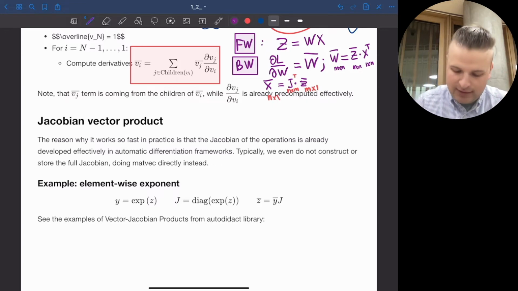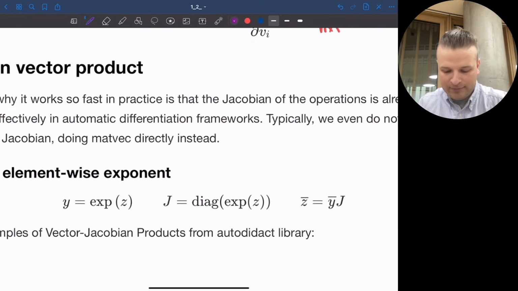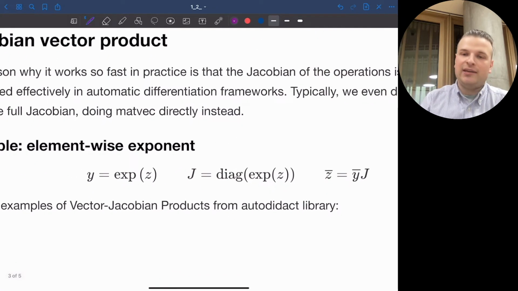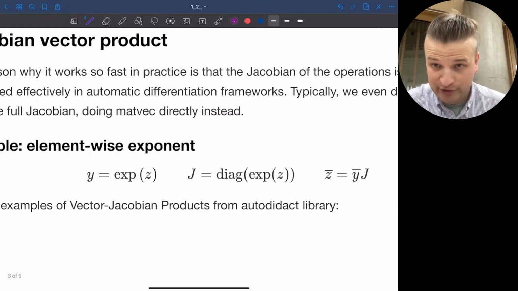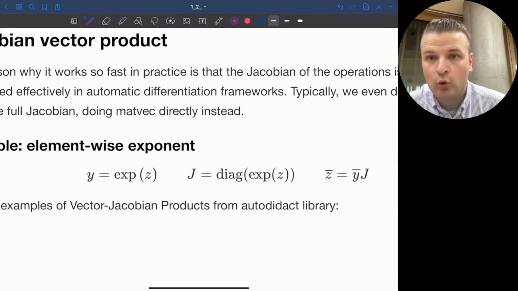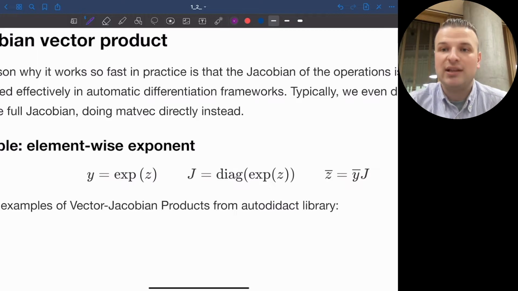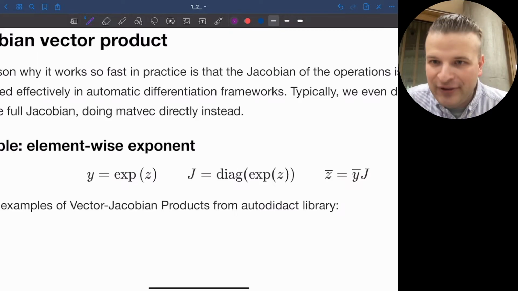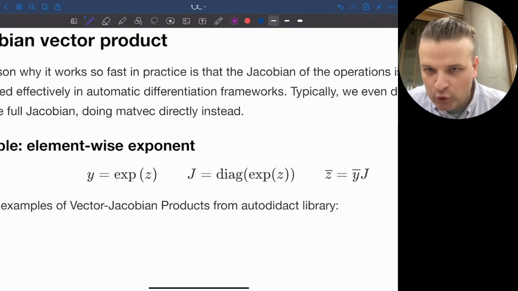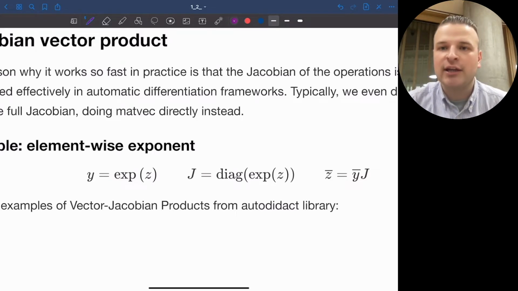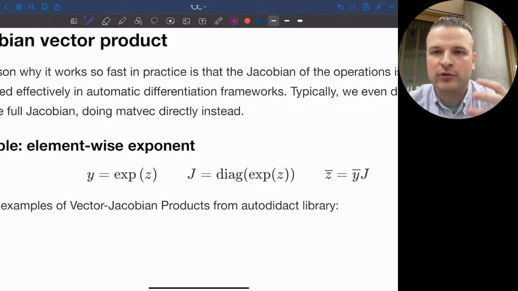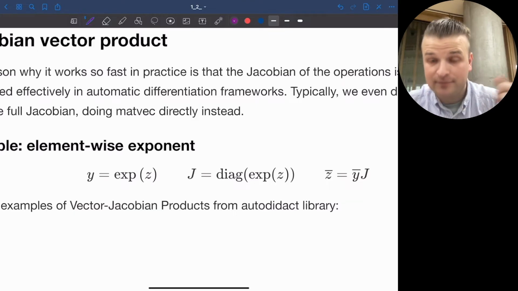For example, suppose you are taking an element-wise exponential here. The Jacobian of this transformation is a diagonal matrix, which means that you can multiply this matrix by any vector in linear time, not a quadratic one as required by a general dense matrix, right?